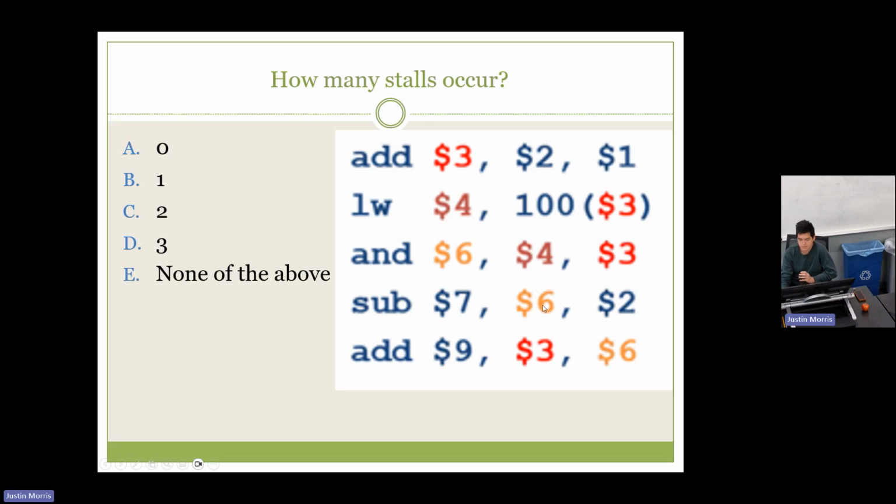This is done in execute. This isn't needed until execute. Let's just forward. And then this 6 is also forwarded to this 6. Right? So this is just one stall, right? So it's B1.